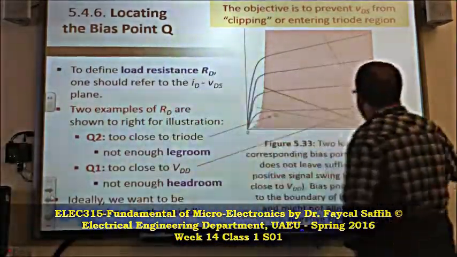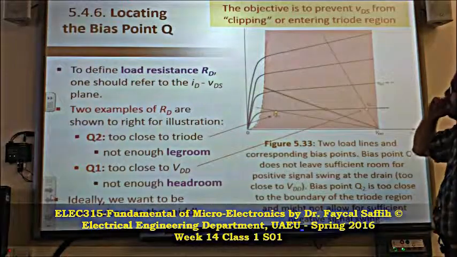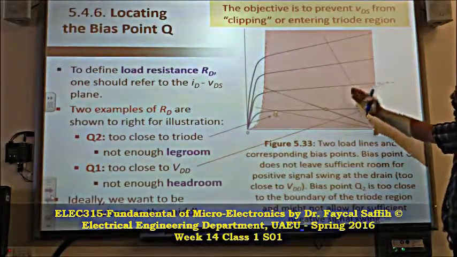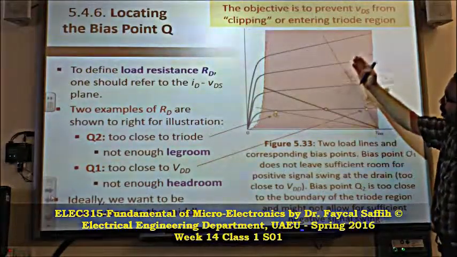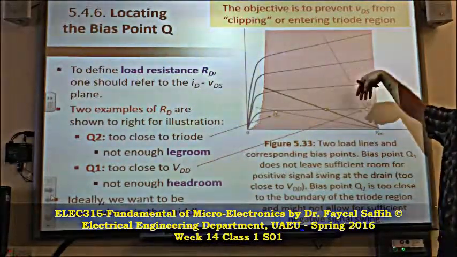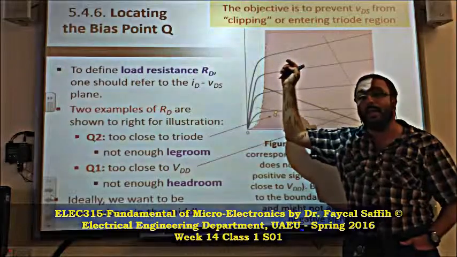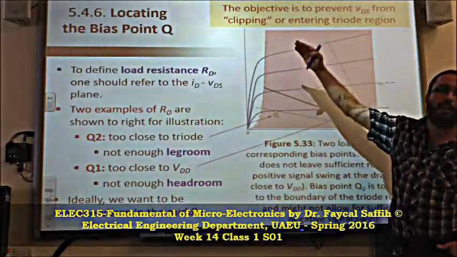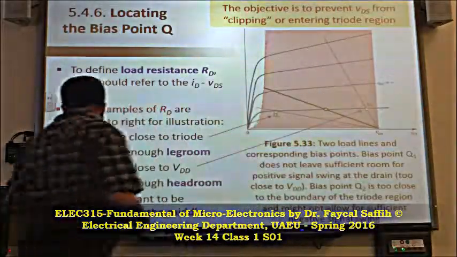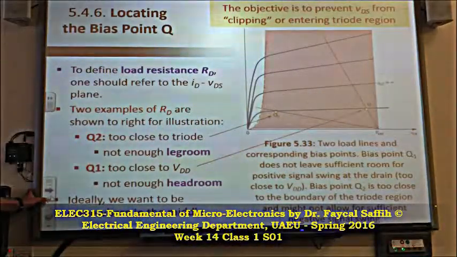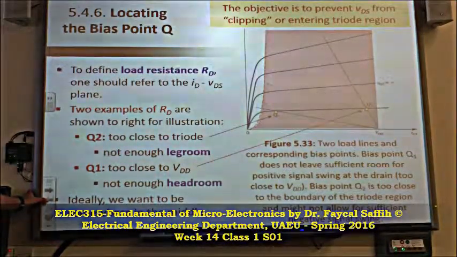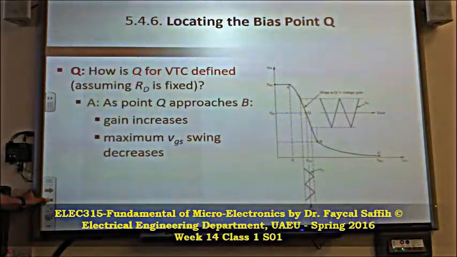You see, when we change the slope, this line is called the load line, and it is related to RD. RD is not the resistance of the drain, but the load.